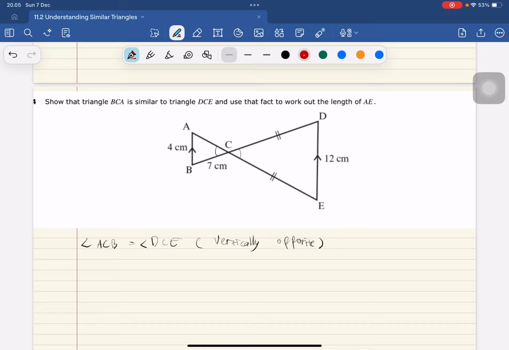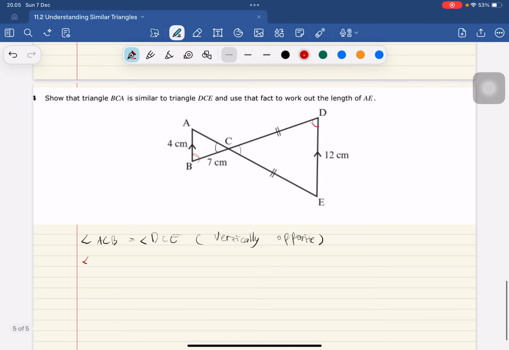Now what we got, let's see, AB equal to ED. Here they are parallel. So the angle ABC equal to angle EDC because they are alternate angles.